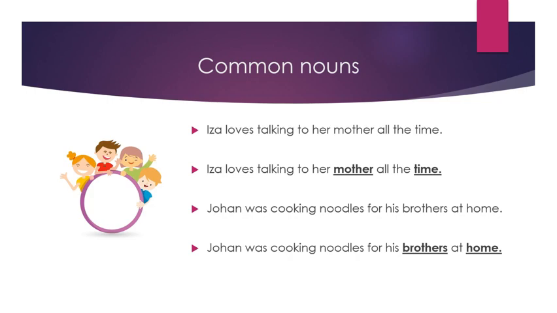So brothers is a common noun, home is a common noun. We know that he was cooking noodles for his brothers, but we don't know what their names are. We just know it's at his home, but we don't know where the home is. Therefore it's a common noun. Always remember, a common noun can be any person, place, thing, or idea which is not very specific. All right, let's go to the next slide.